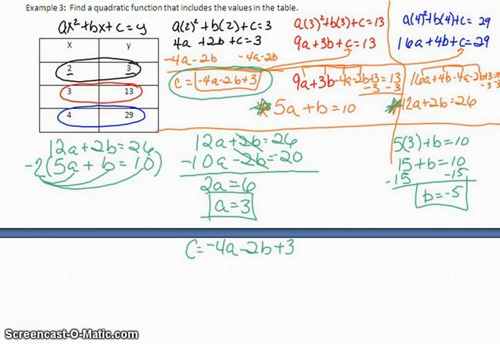Substituting 3 and -5 in for A and B, C equals -4 times 3 minus 2 times -5 plus 3. C equals -12 plus 10 plus 3. C equals 1.